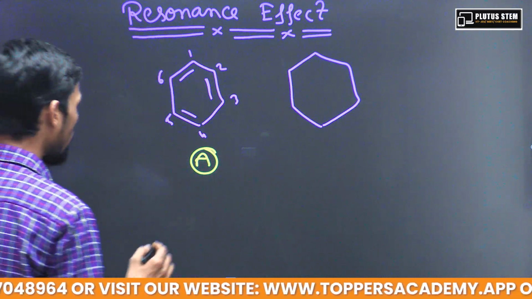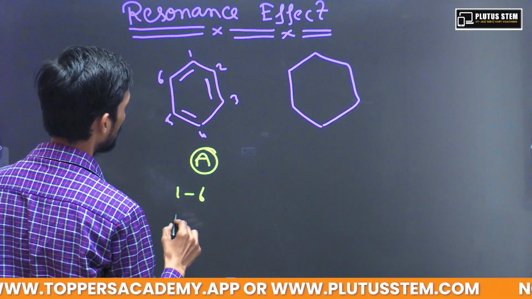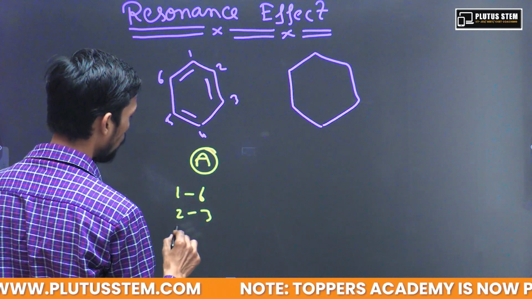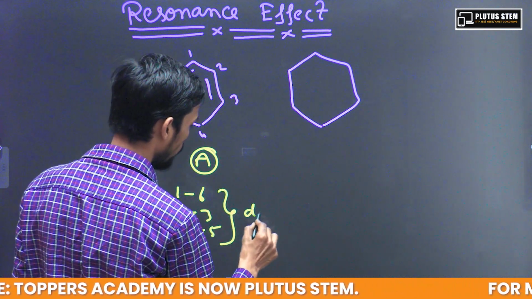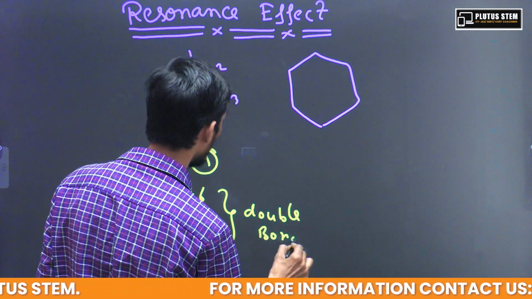So we can assume that carbons 1, 6, 2, 3 and 4, 5 have double bonds.